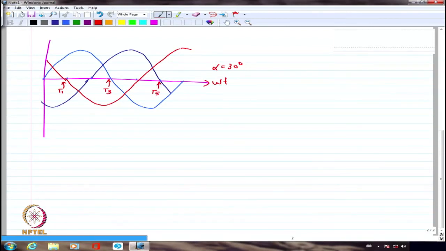We said that for this entire duration, let me draw the duration itself. From here to here, this is corresponding to A phase, B phase and C phase. So this is going to be device number 2. This is corresponding to device number 4, since this is A, and this is going to be 6.